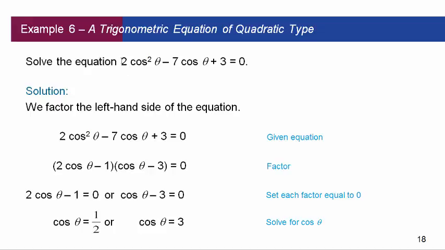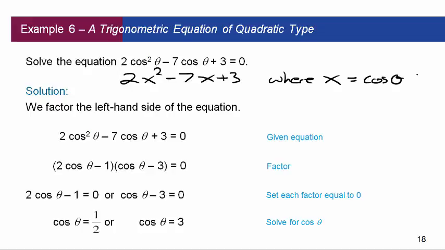So for 2 cosine squared theta minus 7 cosine theta plus 3 equals 0, hopefully you can recognize that it's a quadratic in disguise, because really all this is 2x squared minus 7x plus 3, where x equals cosine theta.